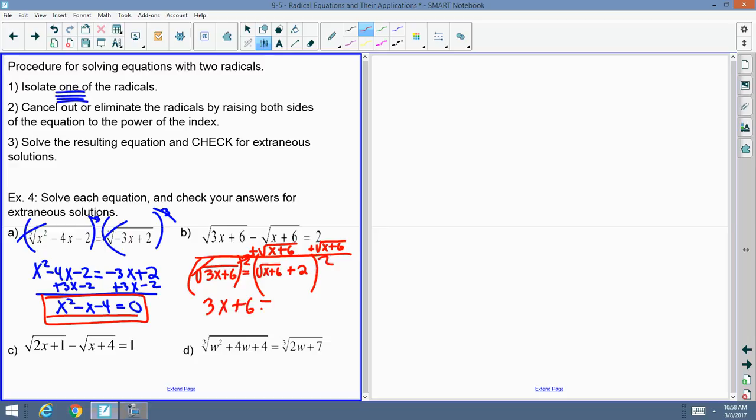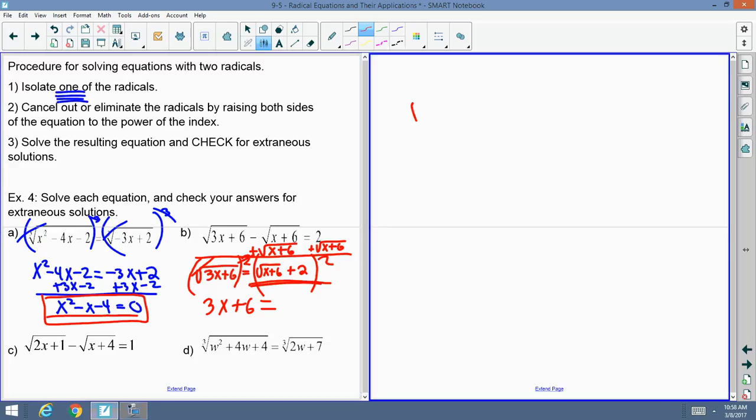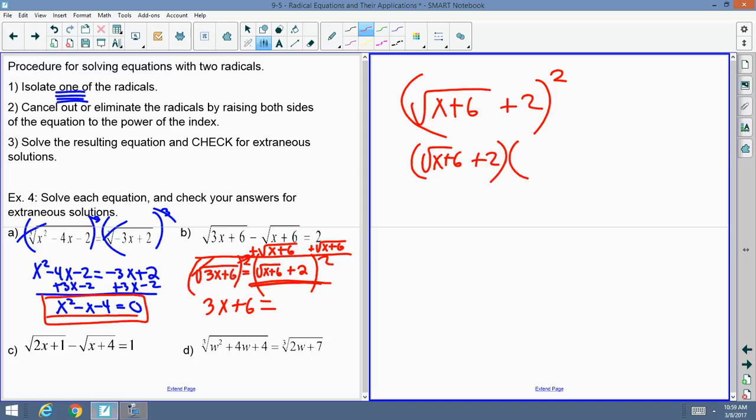And now, this guy over here, let's investigate this. When you have the square root of x plus 6 plus 2 squared, please remember that this means the square root of x plus 6 plus 2 times the square root of x plus 6 plus 2. And now I have to FOIL. Square root of x plus 6 times square root of x plus 6 is x plus 6.